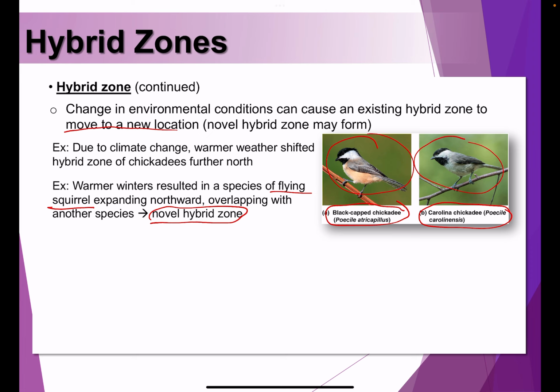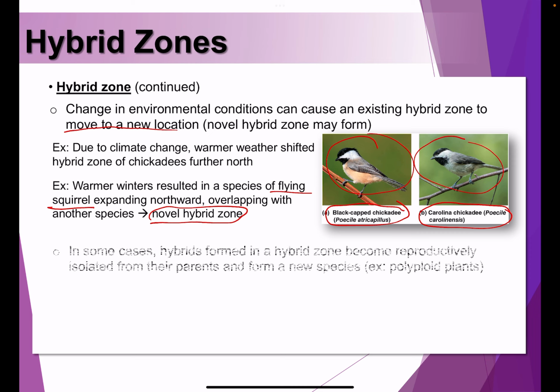I mean, they wouldn't have moved if the winters weren't so warm, because some animals cannot adapt to their environment. Remember we said natural selection and adaptation is not species creating new variations to adapt to their environment, but variation that already exists in their population. In this case, flying squirrels can't tolerate warm winters. So what they do in response is go somewhere else to look for cooler winters.